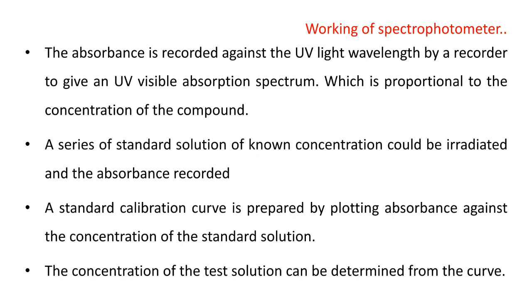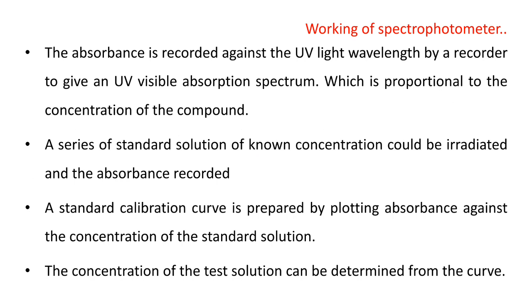Here also we will take a series of standard solutions of known concentration, meaning standard solutions with different concentrations, which are irradiated in the same manner, and the absorbance or OD of those standards will be recorded. Those values will be put in a calibration curve, prepared by plotting absorbance or OD against the concentration of the standard solutions.